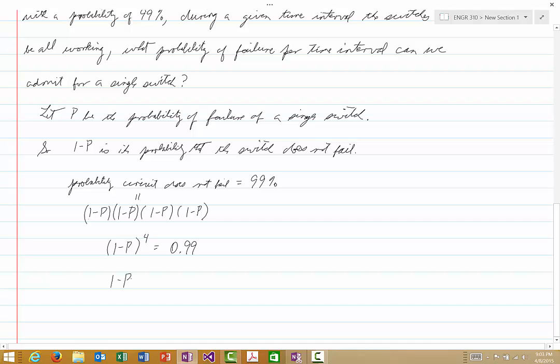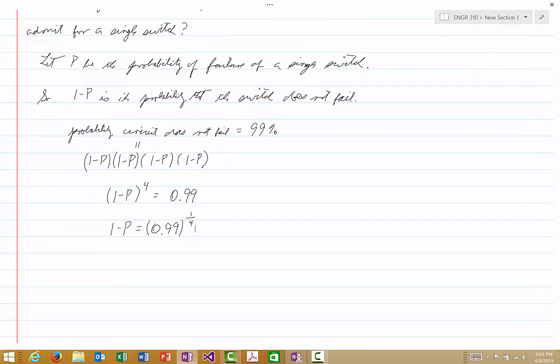So 1 minus p is equal to 0.99 to the 1/4 power, and therefore p is equal to 1 minus 0.99 to the 1/4 power. Let me just take a moment to calculate this.